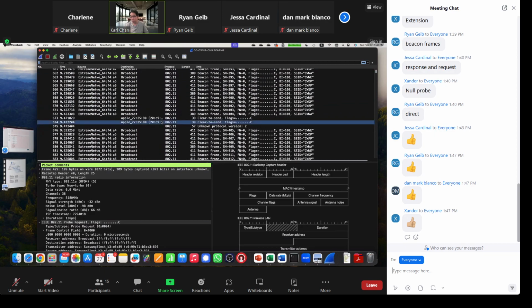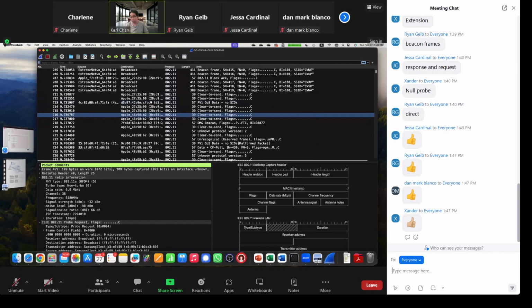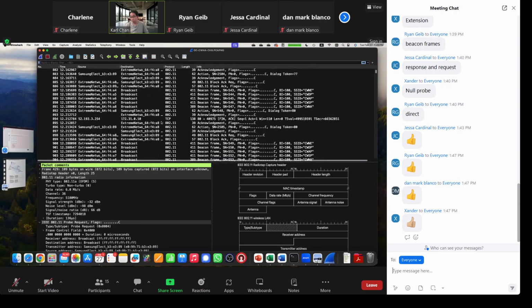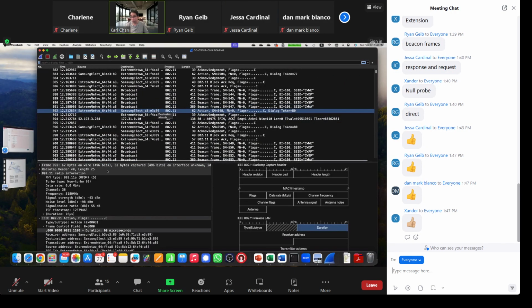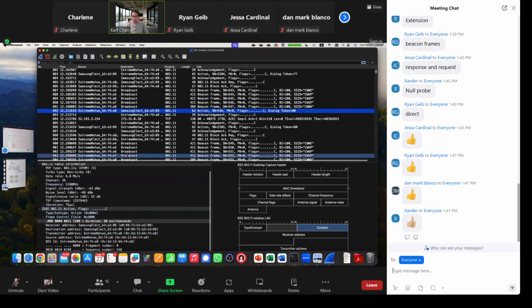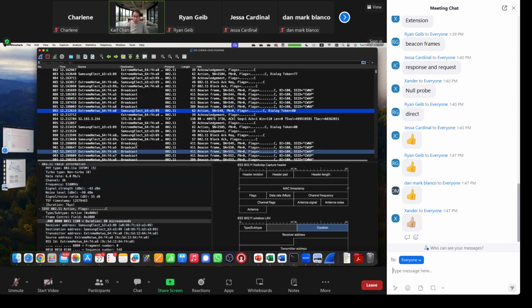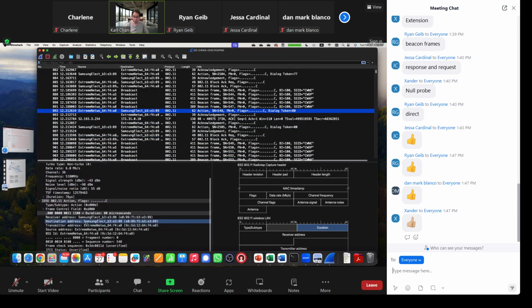Maybe it should go lower. Okay, here. So this is an action frame. Action frame is a management frame, but this is a unicast frame. So you will see the receiver, transmitter, and the destination and the source.